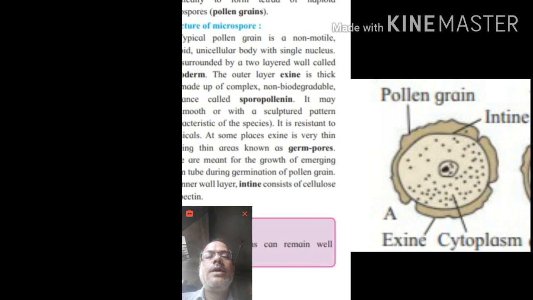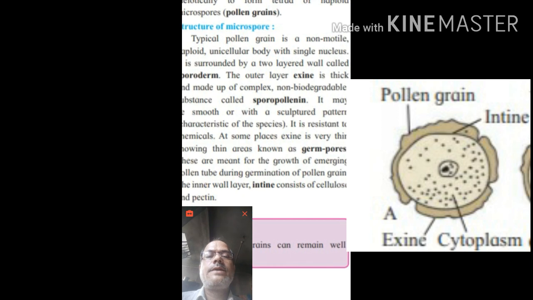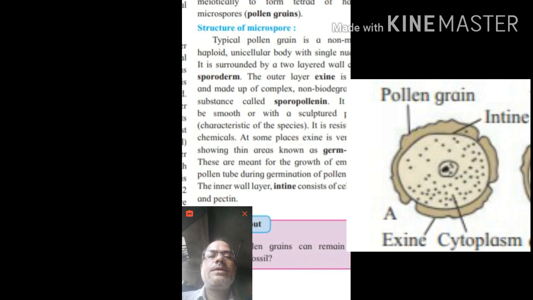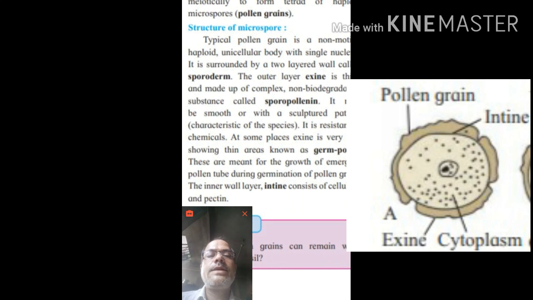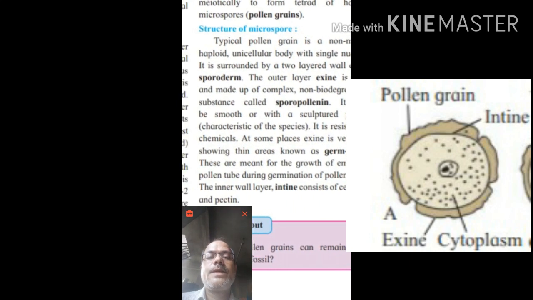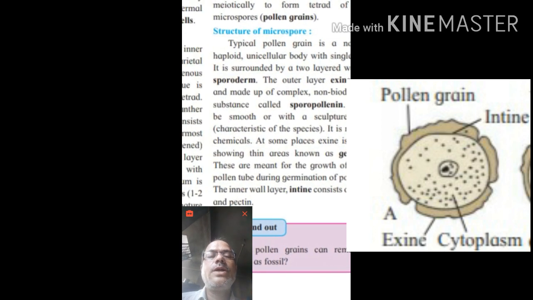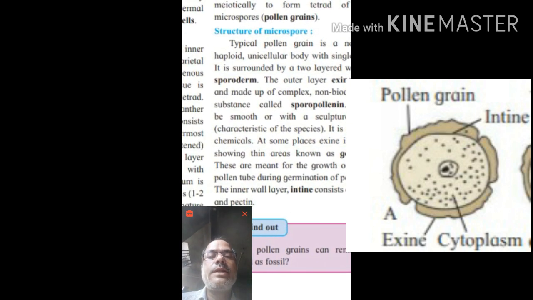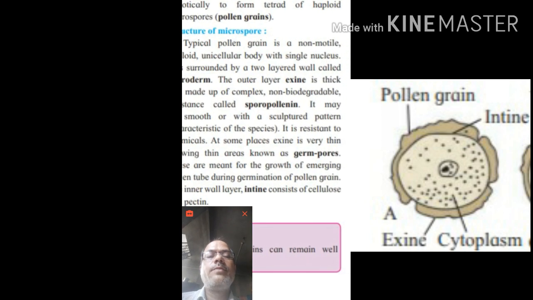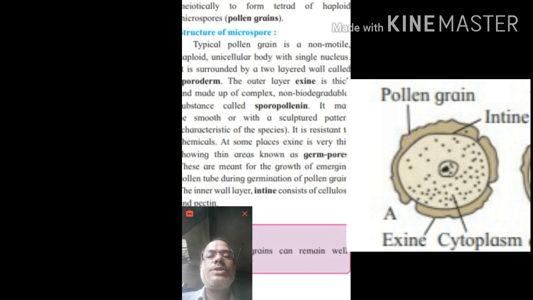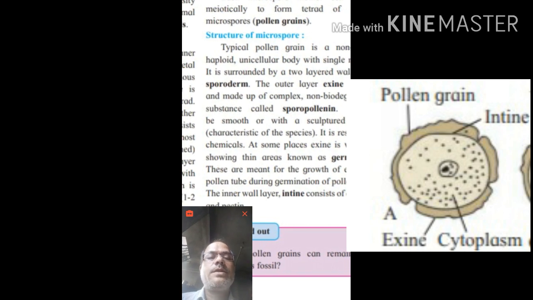There are different types of exine. In some pollen grains the exine is smooth, and in some it is spiny. This exine, the outermost layer of the pollen grain, consists of a non-biodegradable, non-decomposable substance called sporopollenin.